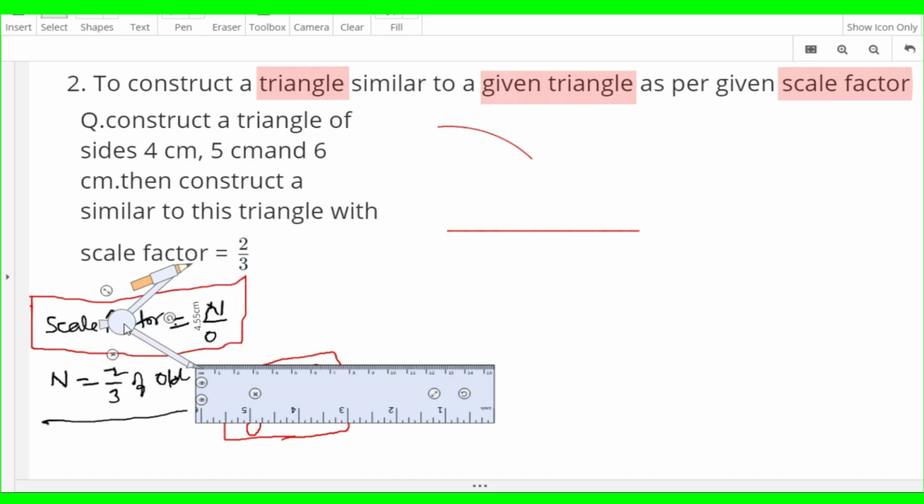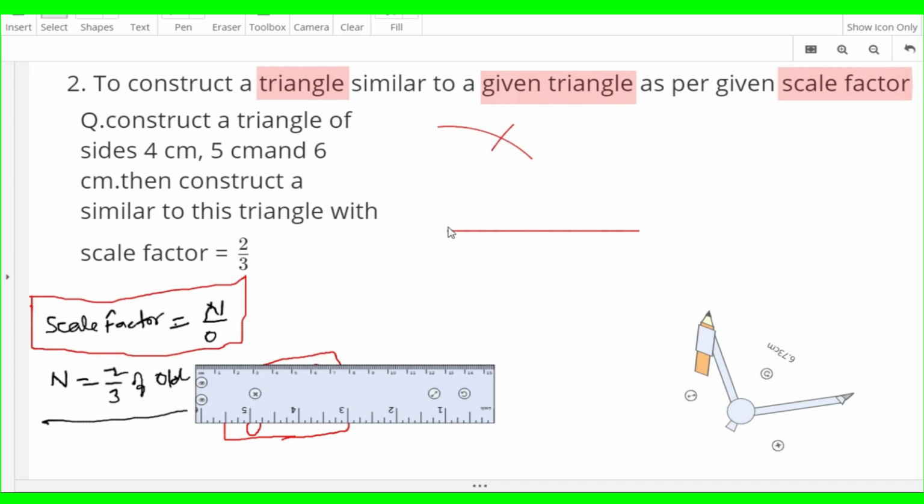So again you put the compass, take the measure of 6 centimeters, and from here you take another arc on this side. Suppose it cuts at this place. This is the point where these two arcs intersect.